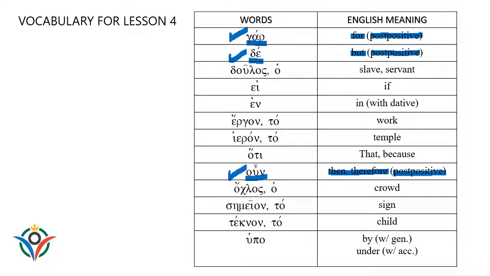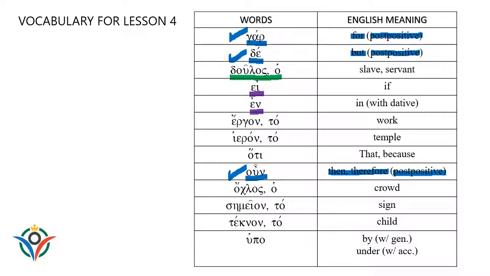Good, let's carry on. Our third word here, which is a noun, is doulos, which means slave or servant. Then we've got ei, which means if. Then we have en, and this is a preposition.